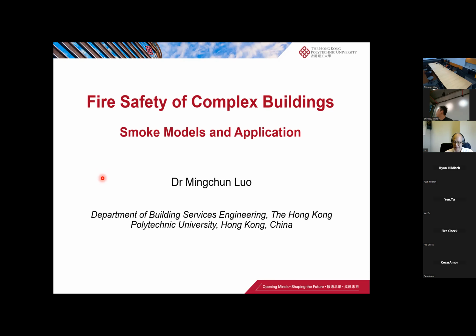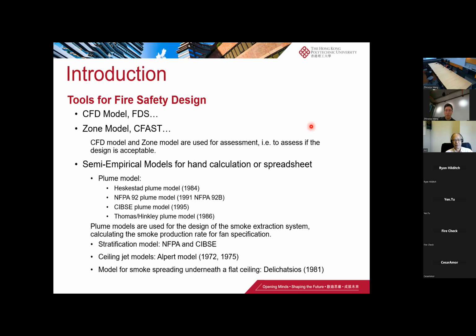For design, we have tools for fire safety design, like CFD models. FDS is very popular, and everybody knows and uses this software. We also have zone models like CFAST.